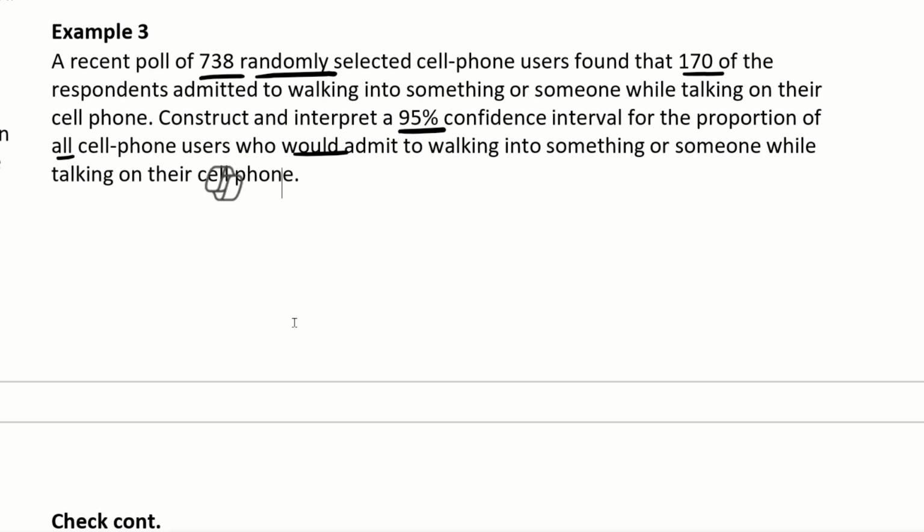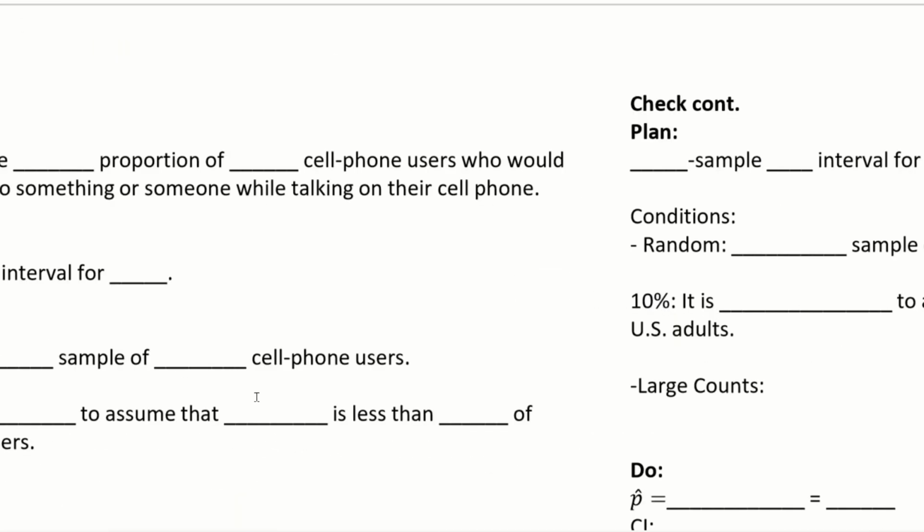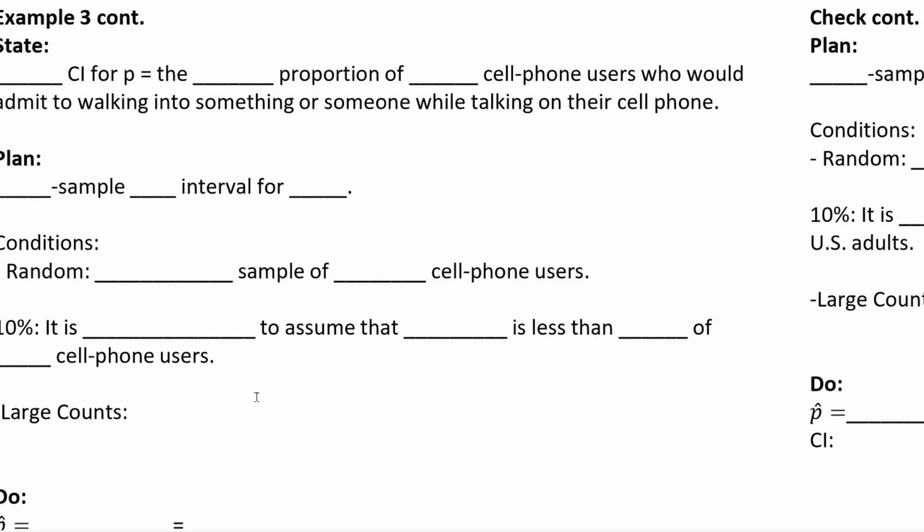State. What kind of confidence interval are we doing? Or what kind of thing are we doing? What kind of calculation? Well, we're stating that we're using a 95% confidence interval for P equals the true proportion of all cell phone users who would admit to walking into something or someone while talking on their cell phone.